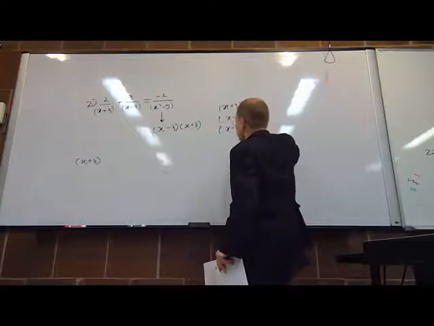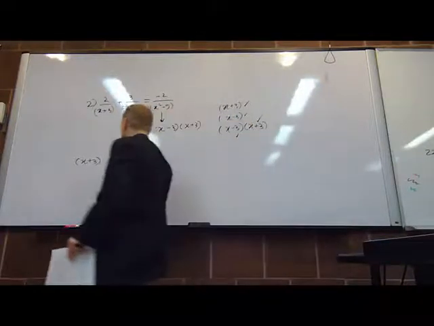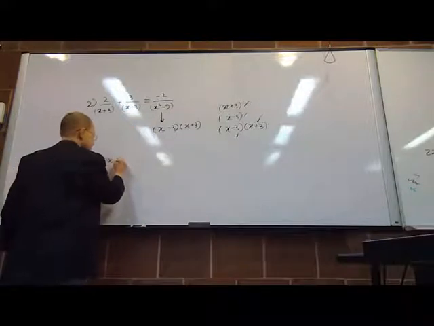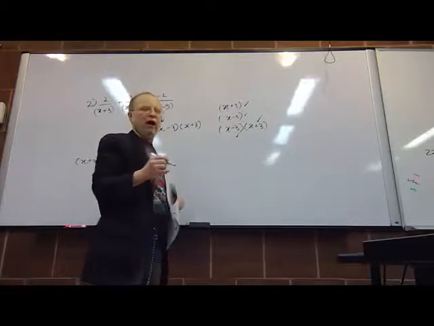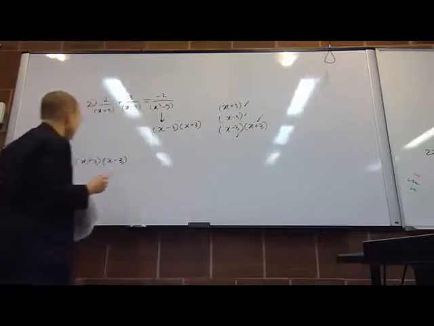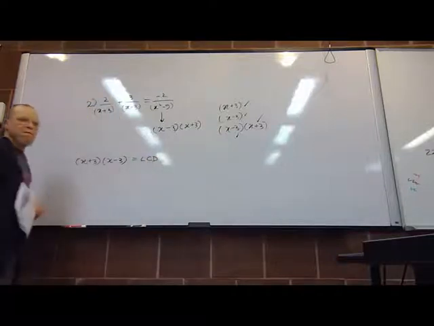Now we have an x minus 3 here and x minus 3 here, and the highest power there is 1. So this is equal to our lowest common denominator.